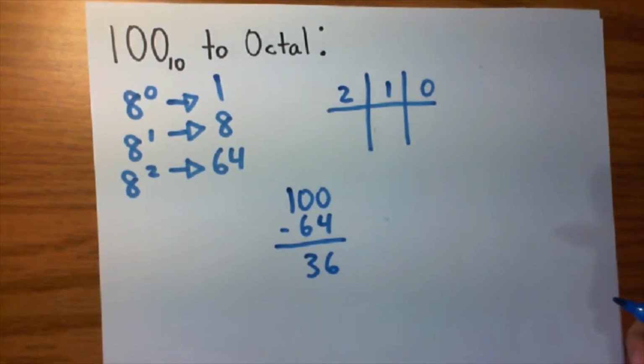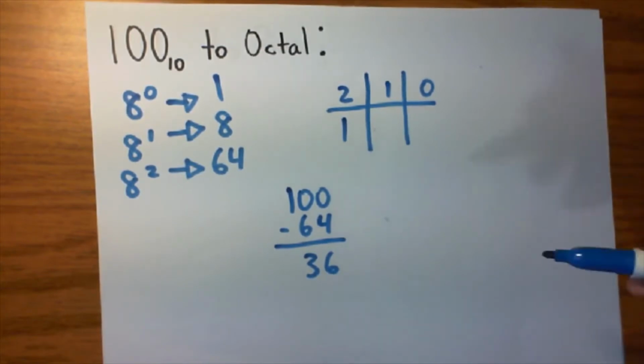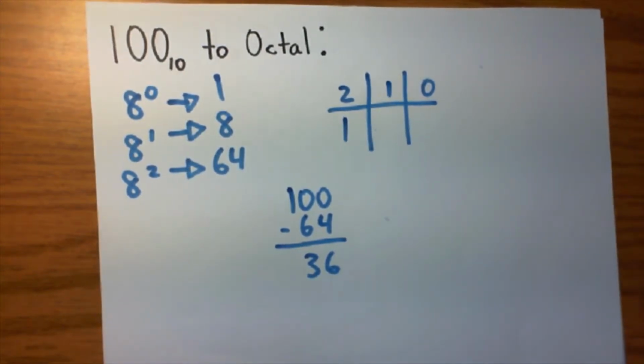So we know that it goes in only once, so we just put a 1 there, because there's no multiple of 64 apart from 1 that is less than 100. So from there we have 36.